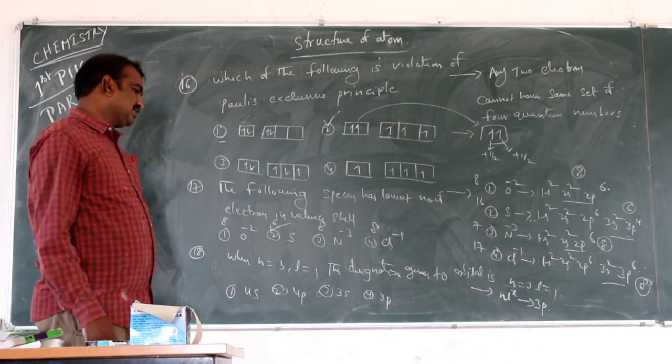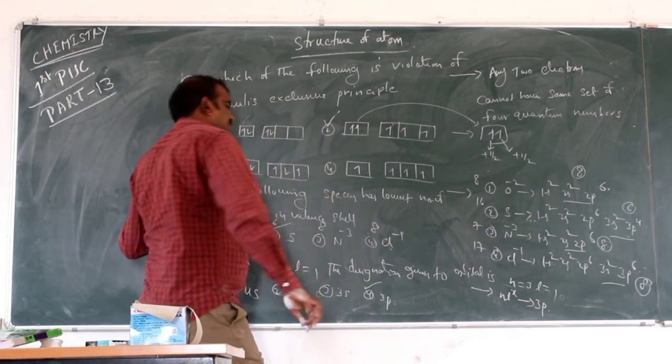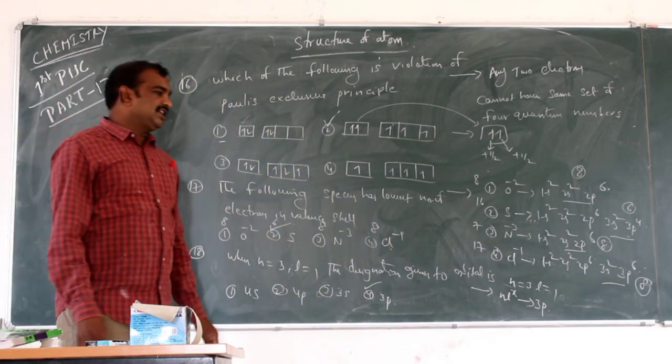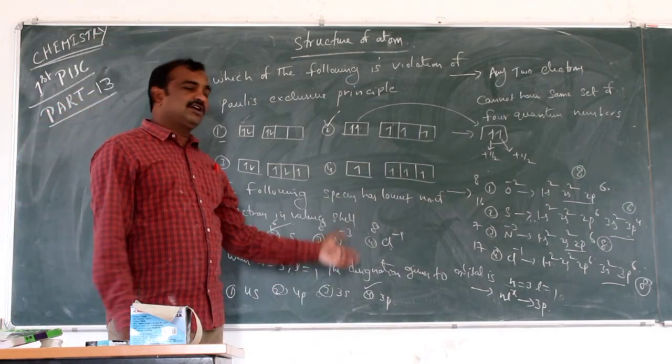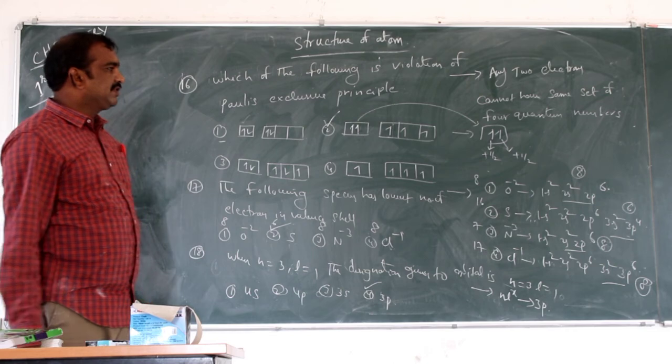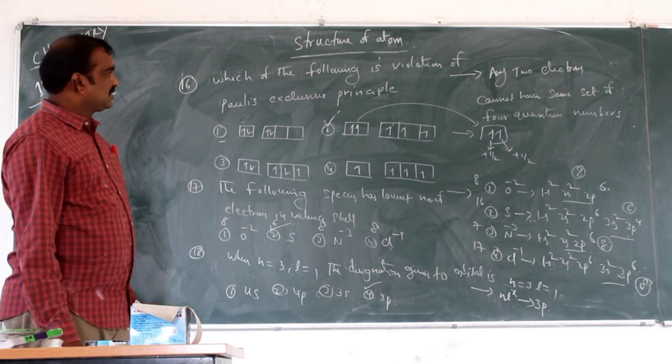So which is the correct option? The fourth one, 3p. l equal to 1 means p, and n equal to 3 means the third shell. In this way we have to solve all these problems using the concept.